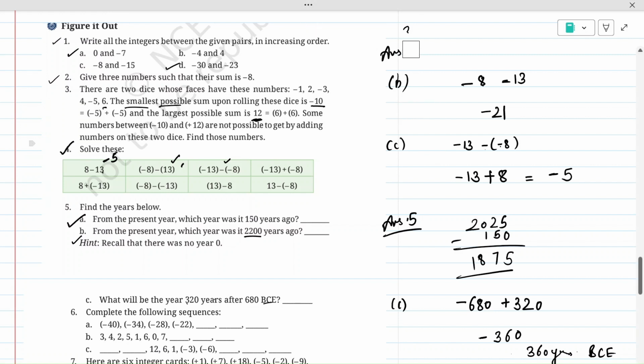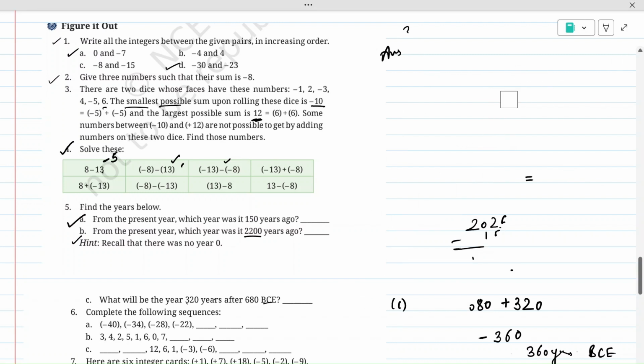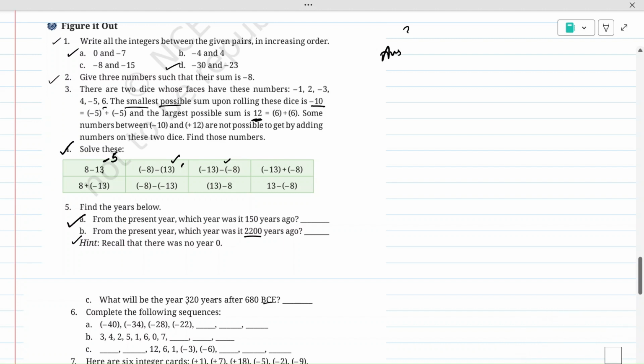Now the next question is question number 6, where we have certain sequences. Let's do this question. Question number 6 and A part. Kids, A part is very easy. I'm leaving it to you. See it straight away. Minus 40, then minus 34, minus 28. So there is a difference of 6.